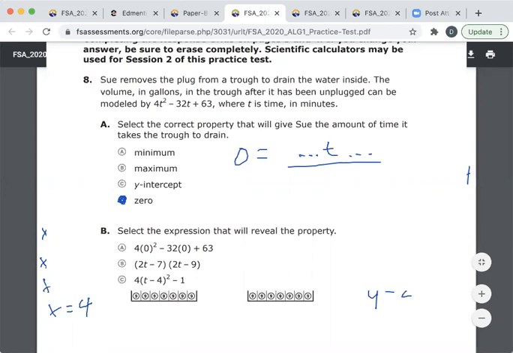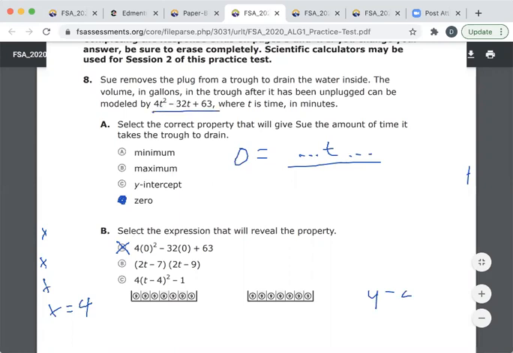So it's not going to be A because it says select the expression and A has zeros in it. So it's not that one. If you had no idea what to do, you could multiply these out to see which one is equal to the same thing here.